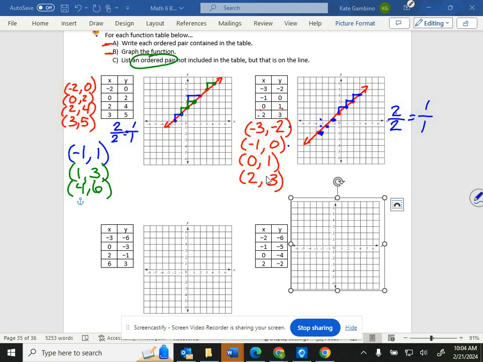Okay, so what would be a point that's not in my function table, but is on that line? Melanie? 1, 2. Do you see why it would be a 2, not a 3, Melanie?